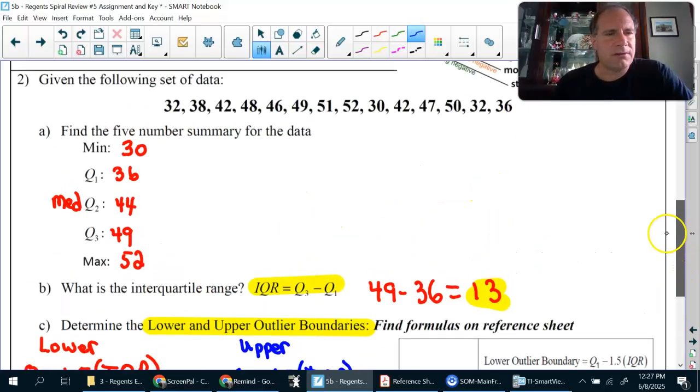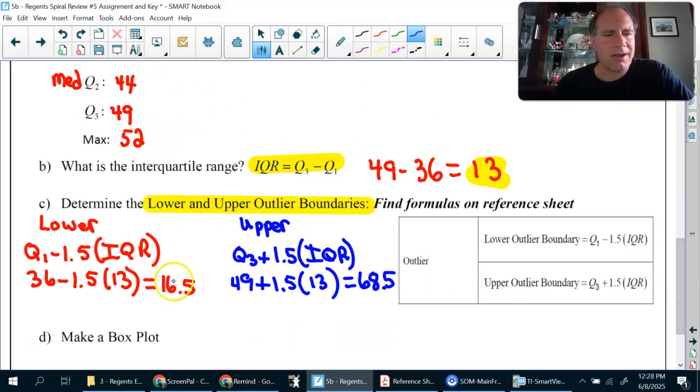If there's an outlier, the min is 30, so there is no lower outlier. Upper, the max is 52, so there is no number that is greater than 68.5. So there are no outliers in this data set.